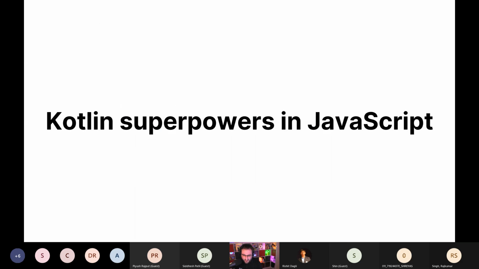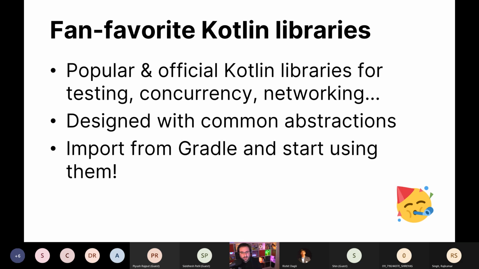And that is that if you use Kotlin on JavaScript, that also means that you inherit all the superpowers that Kotlin gives you while writing stuff for the browser. Specifically, that means that you can use all the official libraries which support multi-platform, for example, for testing, for concurrency, and for networking.